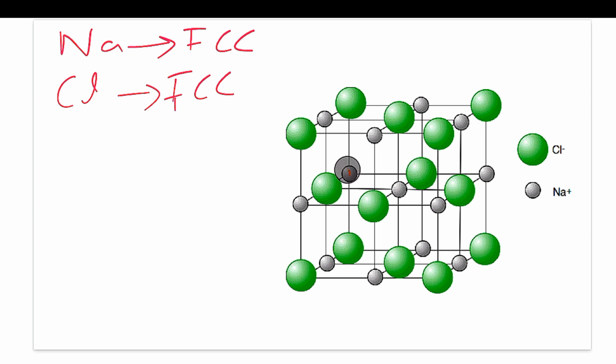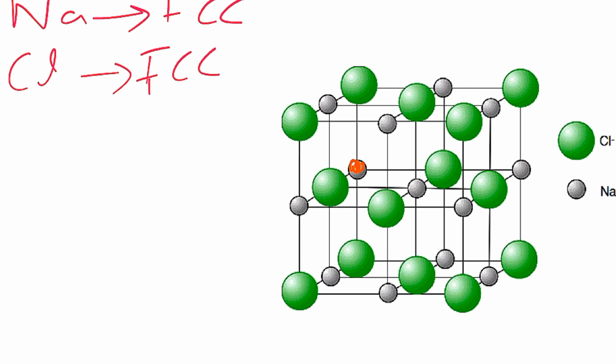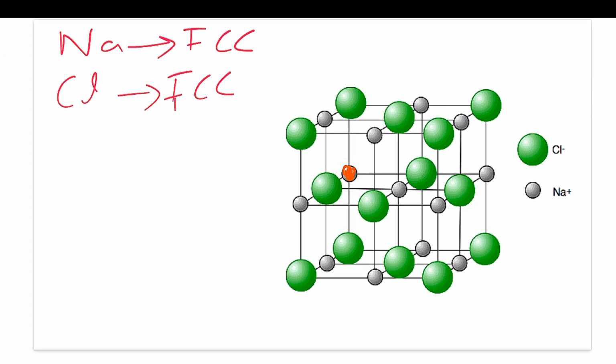We will take this sodium atom as reference, and we will call this atom to be at the origin. This is one of the atoms. We have 4 net atoms, so we'll select 4 atom locations here, and I'll tell you how we choose those locations. Similarly, since chlorine also has an FCC structure, we will be choosing 4 atoms there as well.